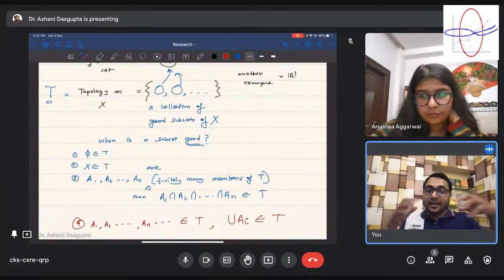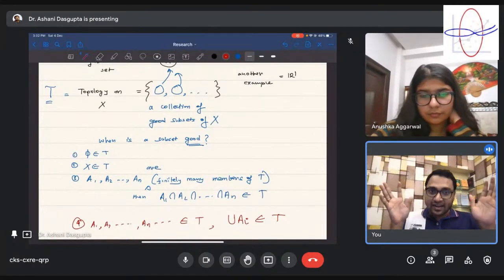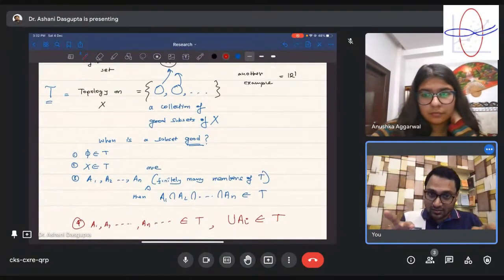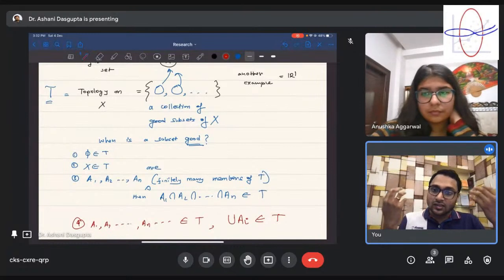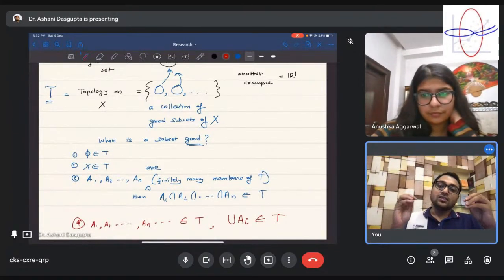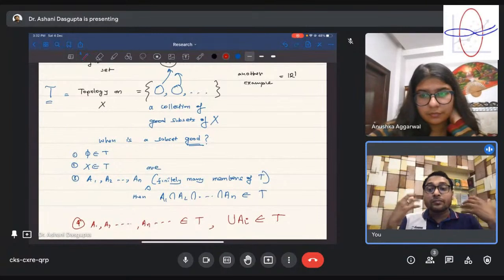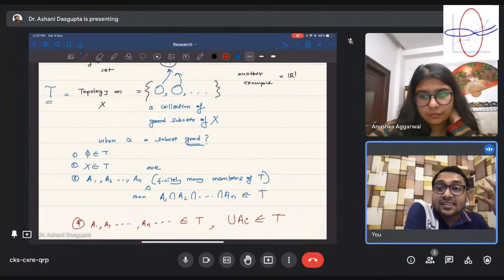So you can take finitely many members of T and take their intersection, because members of T are after all subsets of X, the underlying set. What you get is another member of T. That's how the collection T is created, to include all of these things.